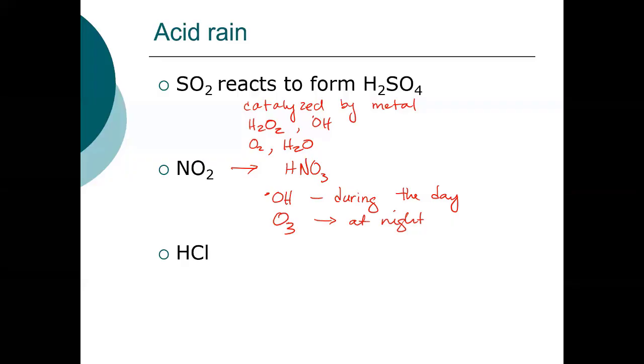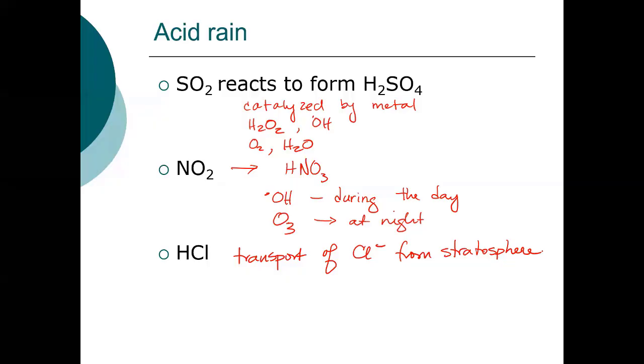HCl is actually the result of the transport of Cl- from the stratosphere. Early in the course, I mentioned how initially scientists thought that there was no transfer of pollutants from the troposphere to the stratosphere.